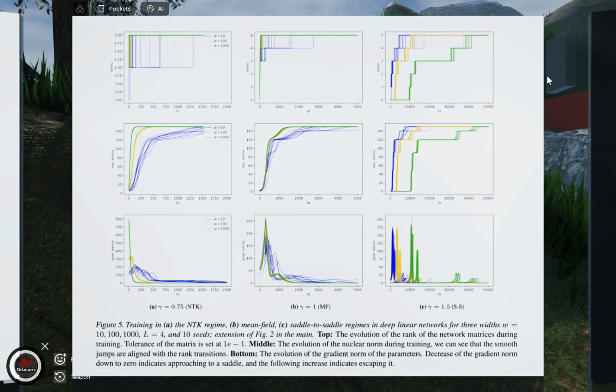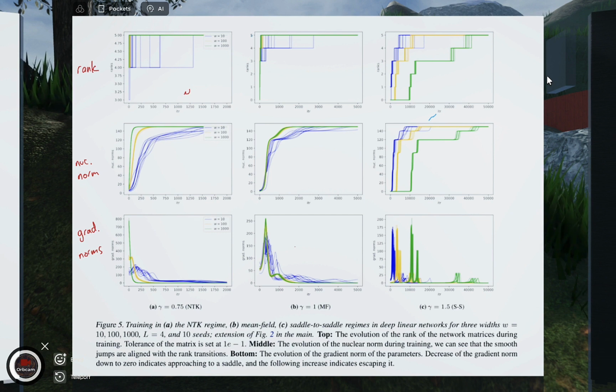Okay, so here they've just plotted more metrics over the course of training. The first row, I'll just write it out so it's a little easier to see, looks at the rank. Second one looks at the nuclear norm, which you can think of as a sort of continuous relaxation of the rank. And the last one looks at the gradient norms.